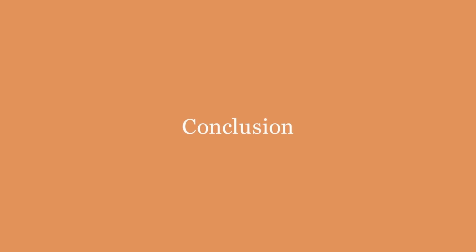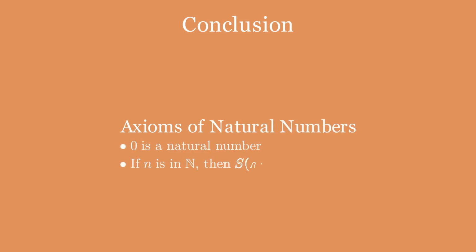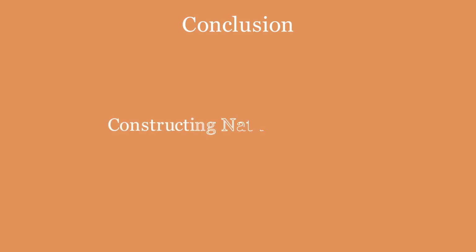To summarize, we started with the notion of a set and tried to build numbers from scratch using them. We proceeded to define the successor function to make the definition of other natural numbers easier. We then quickly introduced 3 axioms and leveraged them to define the set of all natural numbers.